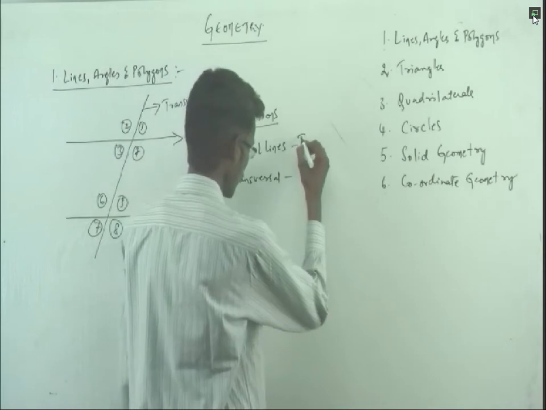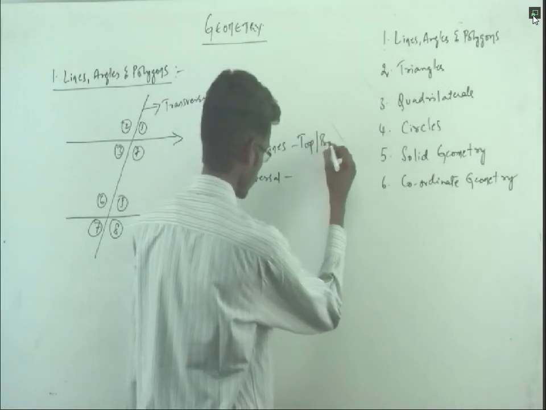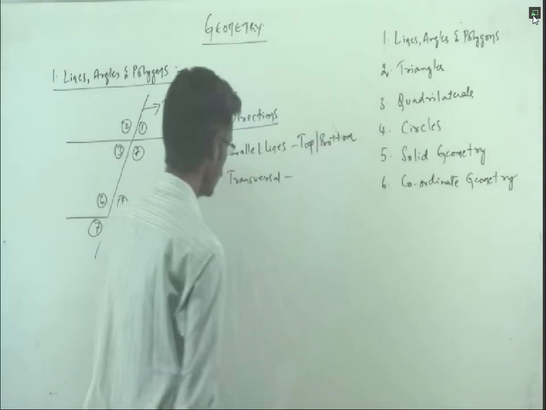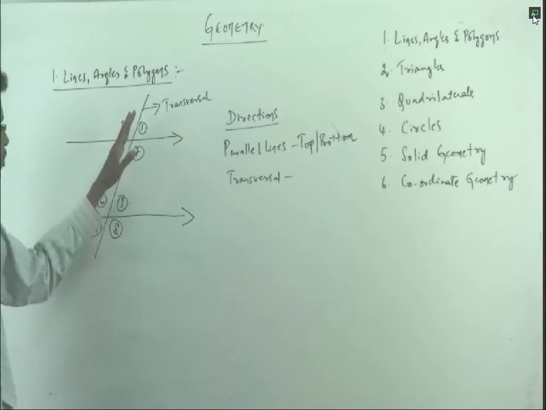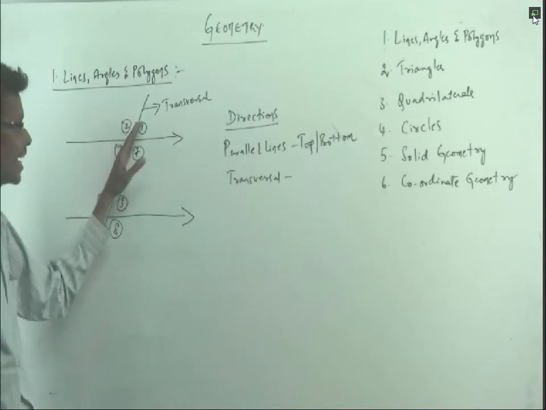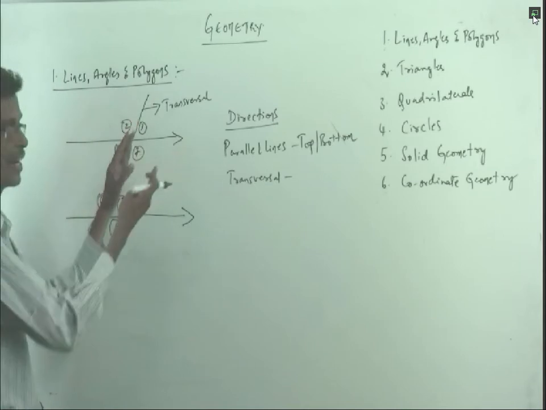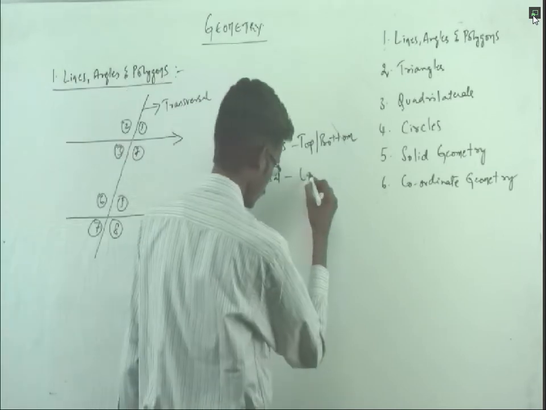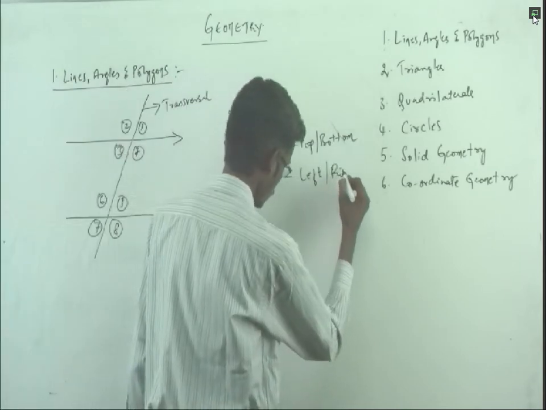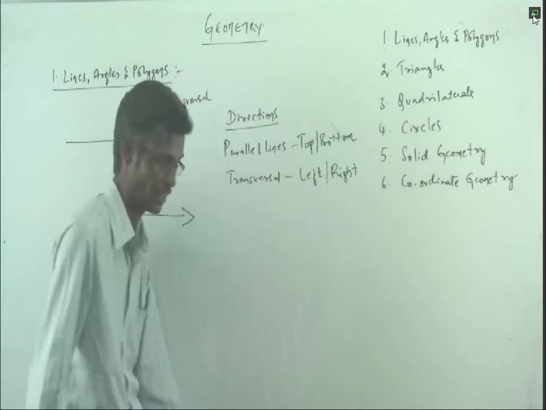So the 2 directions for the parallel line are top or bottom. In the same fashion, with respect to the transversal, the angles can appear either on the left hand side or on the right hand side. So the 2 directions are left or right.